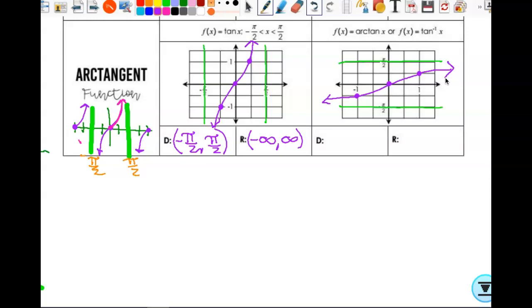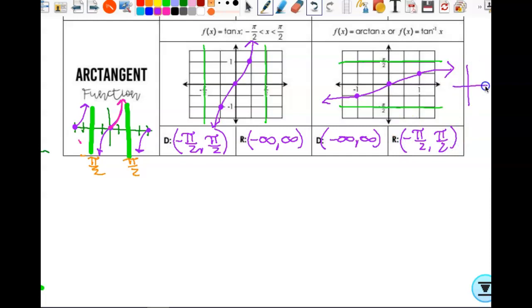All right, we good? So my domain here, my input, is negative infinity to infinity. That's all my possible tangent values. Tangent's crazy and can be anything. My range goes from negative pi halves to pi halves, not inclusive.